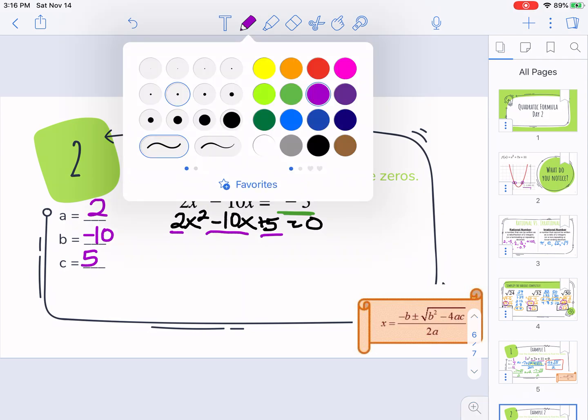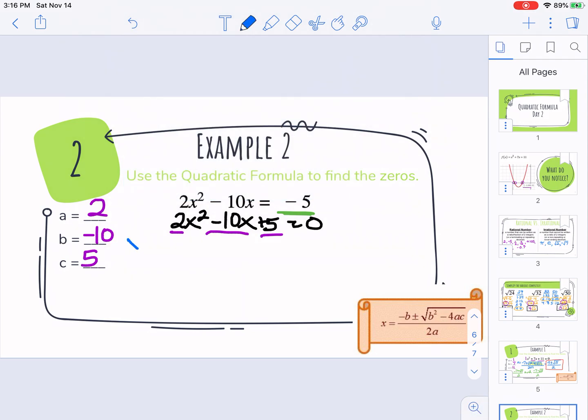If I go ahead and do the quadratic formula, x equals opposite b, opposite of negative 10 is positive 10, plus or minus the square root of b squared minus 4ac, all divided by 2a.